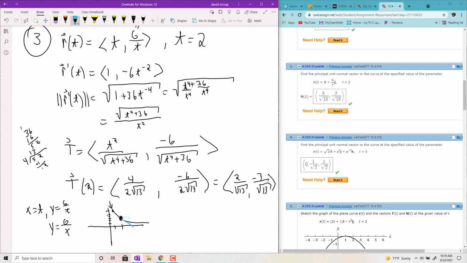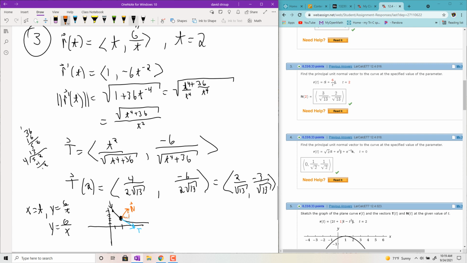So it should look like this. That would be T. So the principal unit normal vector that we want is the one that points inwards into the inside of the curve where the direction of travel is headed. And if you think about its components, it has to be positive, positive.